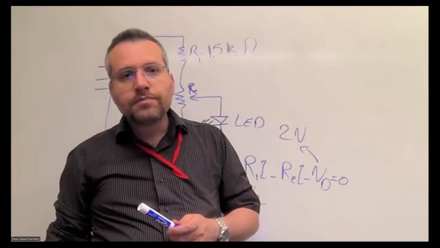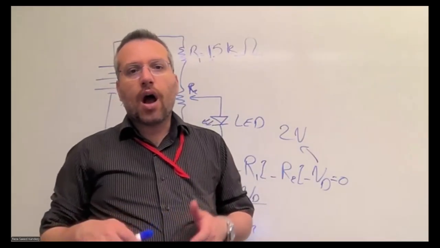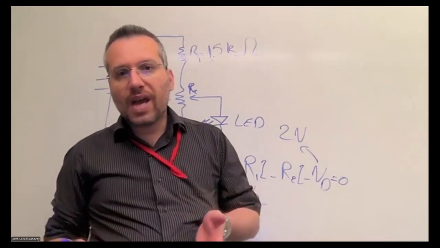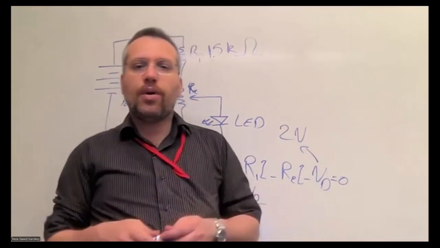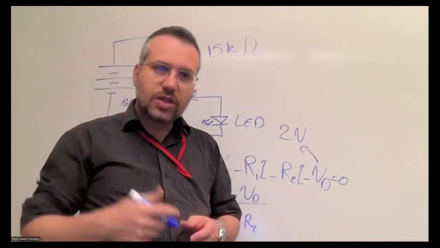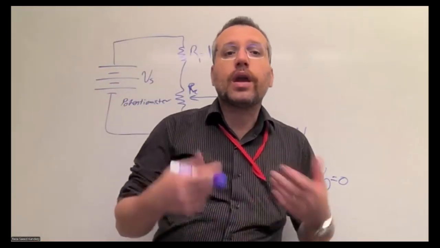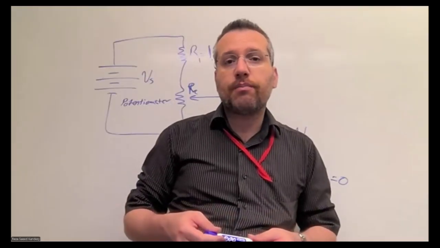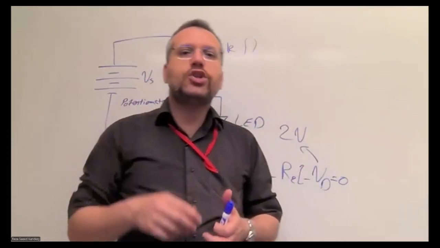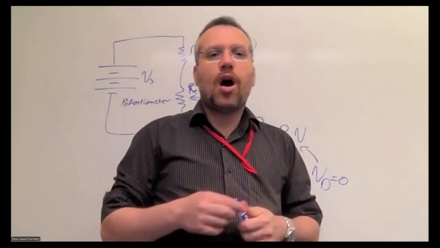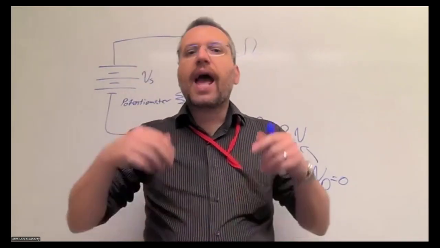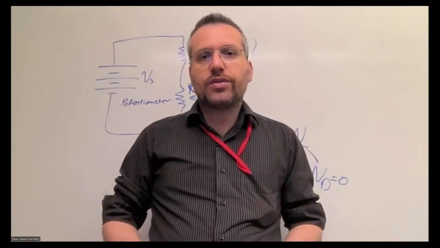Now that we understand how this circuit works and why we have the resistor as an essential component, in this step we will simulate the circuit in Multisim, change the potentiometer, and plot how the current changes as we adjust the resistance.